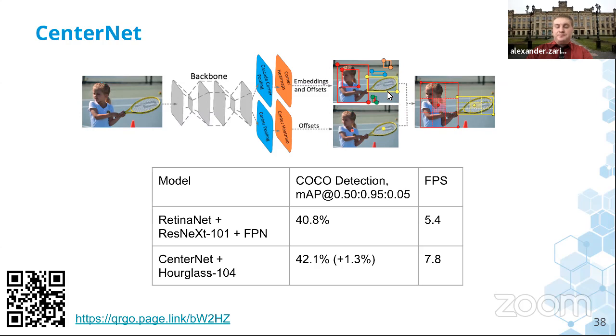Using this simple idea, we may suppress the bounding boxes that do not cover objects well, or simply suppress false positives predicted by the corner branch.